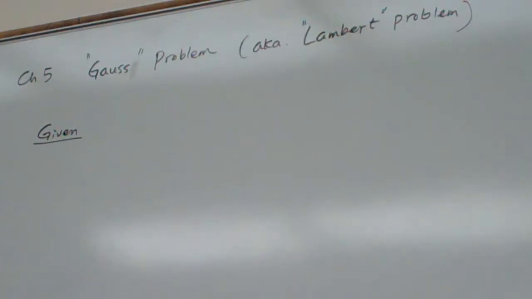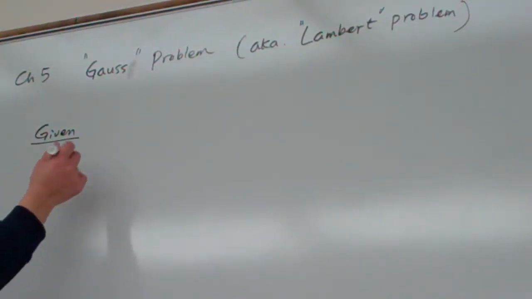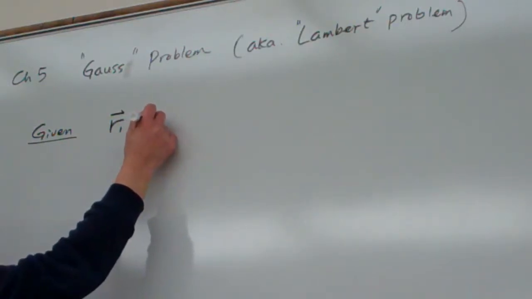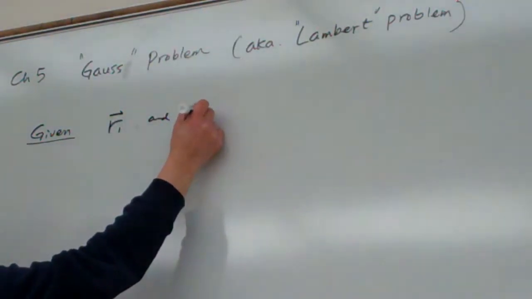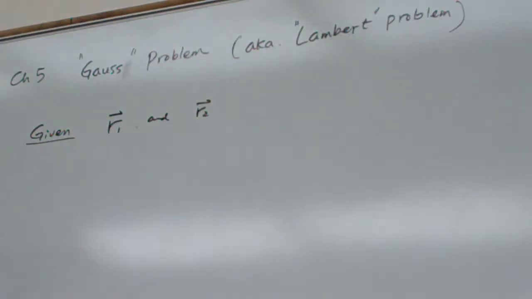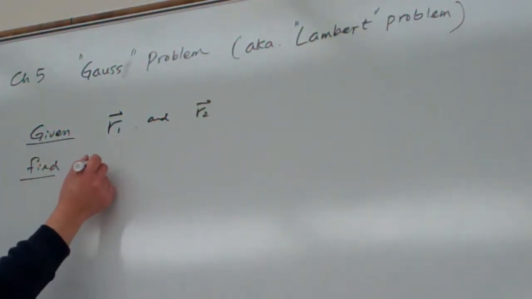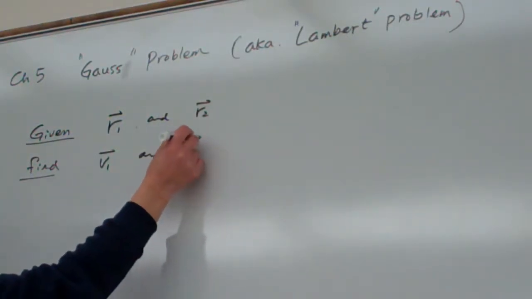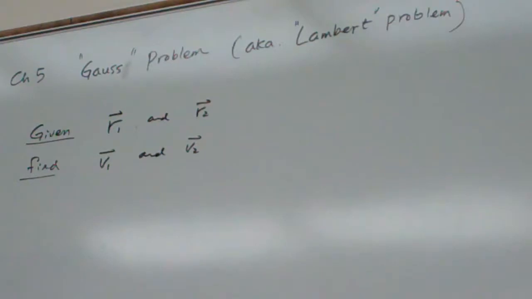And the problem statement is this: you will see it is a little bit different from our previous calculus problems. Here we are given two positions, R1 and R2. We know the two positions, and we're going to calculate the corresponding velocities V1 and V2 at the two positions. Let me draw the orbit.